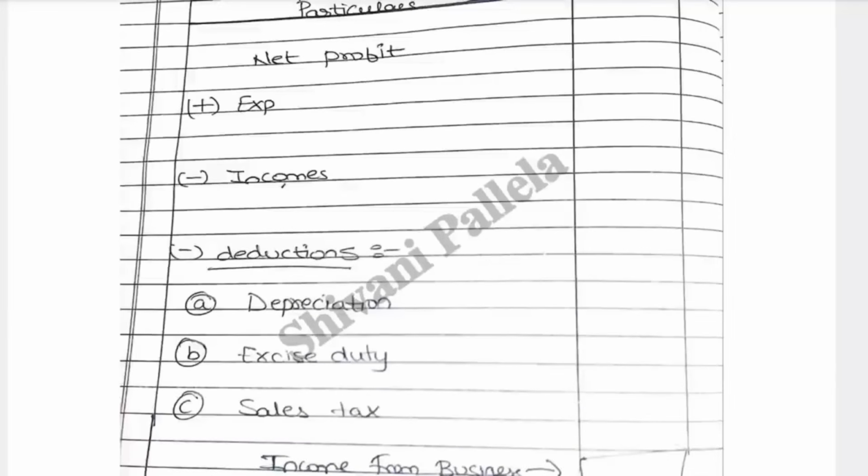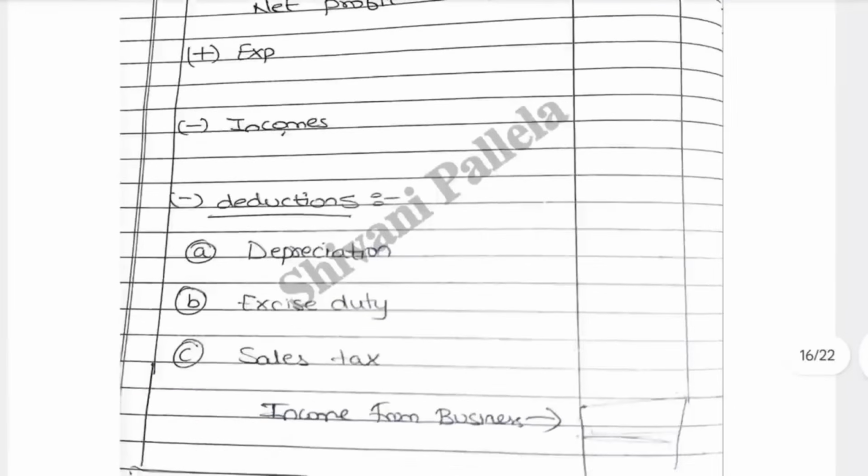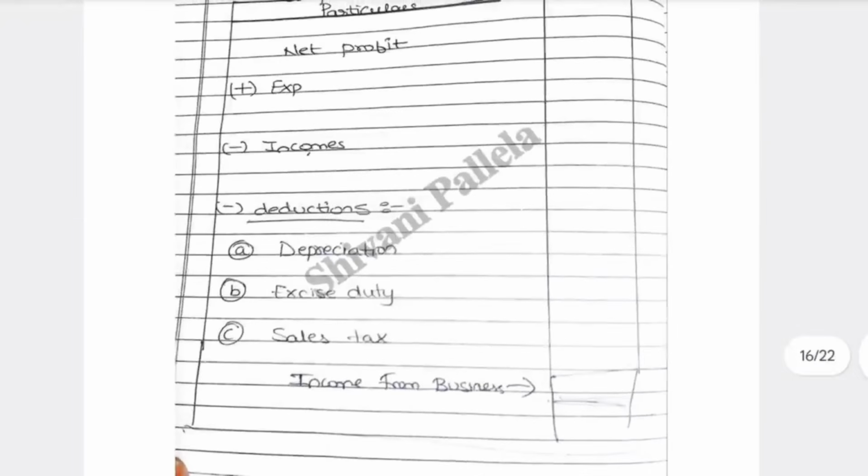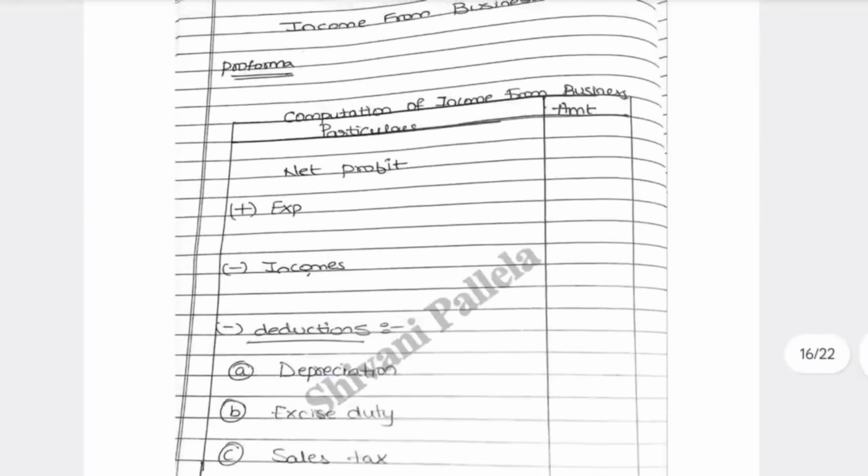Depreciation, excise duty and sales tax. This is the proforma of income from business. When you are doing income from business, personal related expenses and personal related incomes only we need to take. We should not consider the business related expenses and business related incomes. If you remember only this one strategy, you will be able to do this income from business.